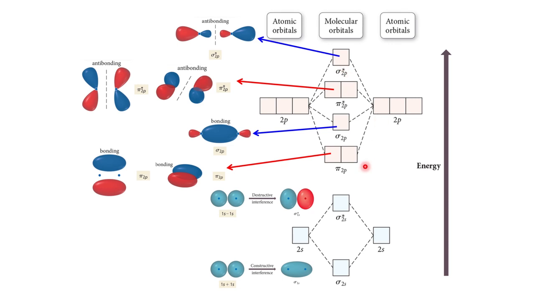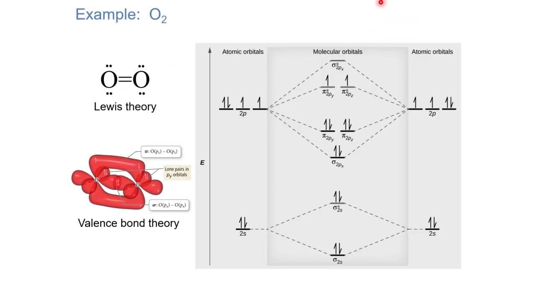So we have our pi is the lowest, followed by our sigma. And those are both lower than the 2p atomic orbitals. Then the pi star is next, and finally sigma star is the highest energy.